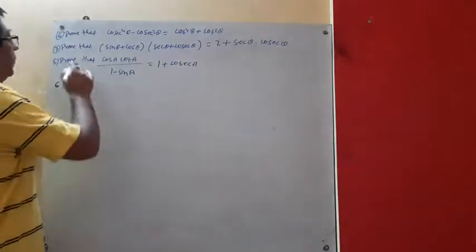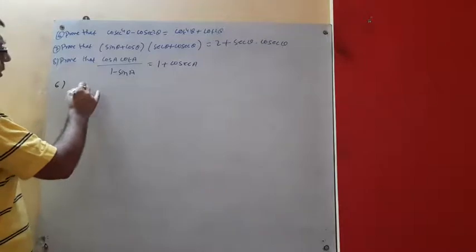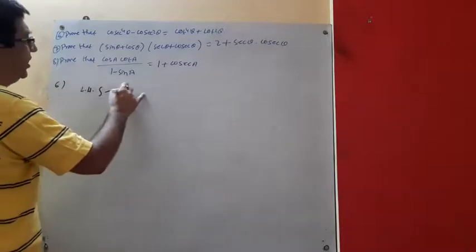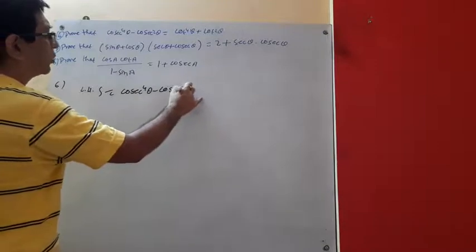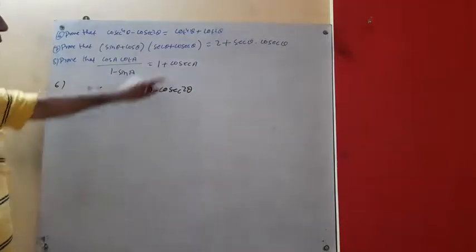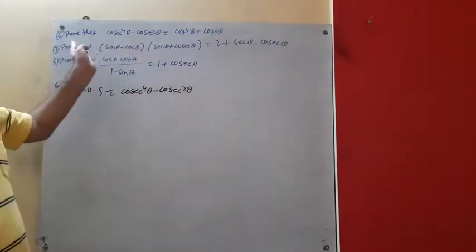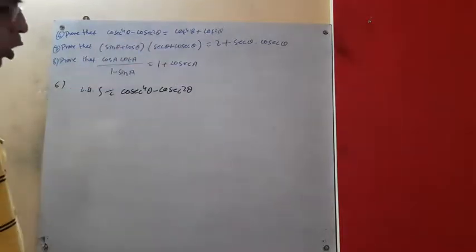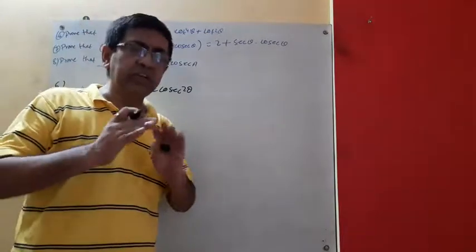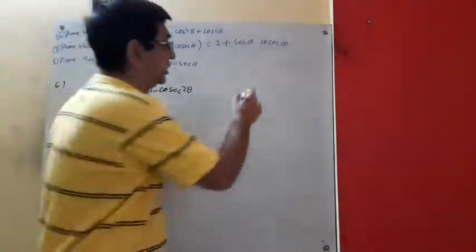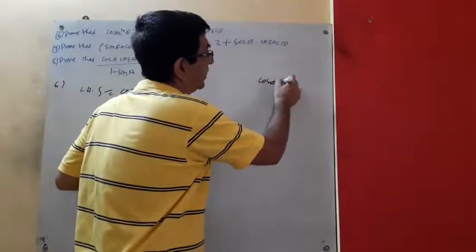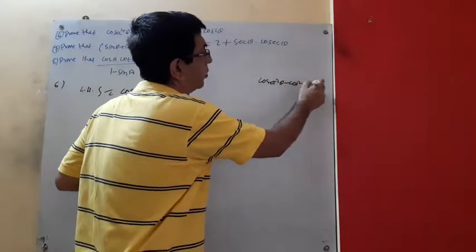Okay. Now in question number 6, what we see is the LHS is given: cosec to the power 4 theta minus cosec square theta. You have to prove cot, that means you have to convert everything into cot. We know there is a relation between cosec and cot. What is that? cosec square theta minus cot square theta equal to 1.